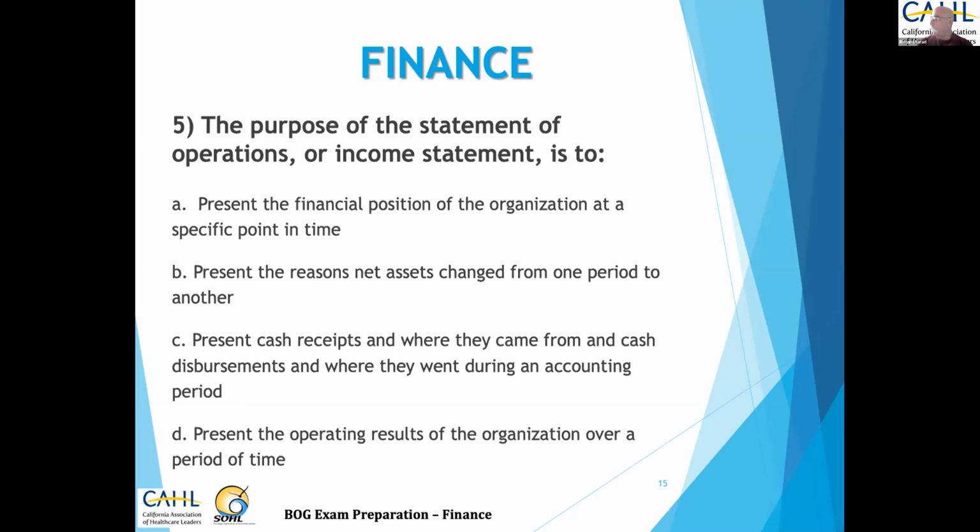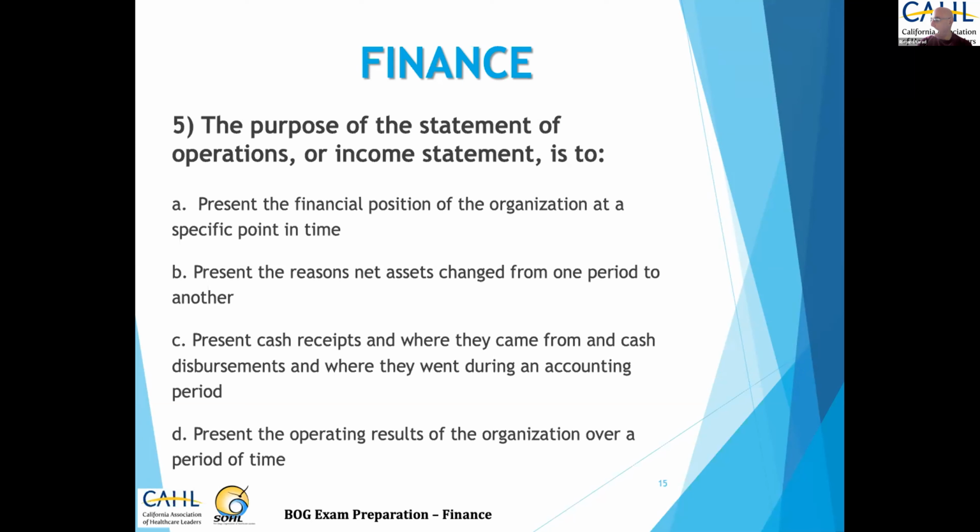So I'm trying to remember what they are. The income statement is the one that tells you the change, and then what's the one that tells you where you are at that point? I'm freezing on the name of it, being a non-finance person, but I know it's gonna be one of those two. So I'm gonna go with B. Oh, wait a minute, maybe D. No, yeah, because B is the reasons. So D is the results. Yeah, so D is it.